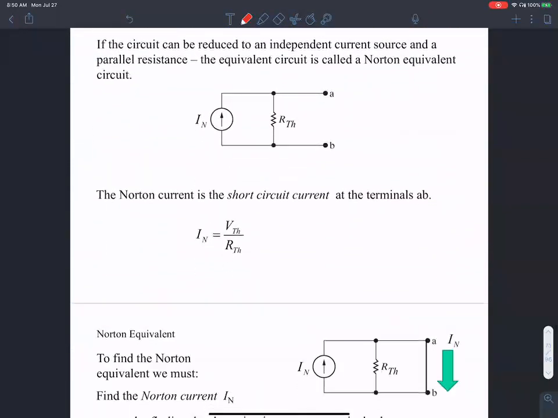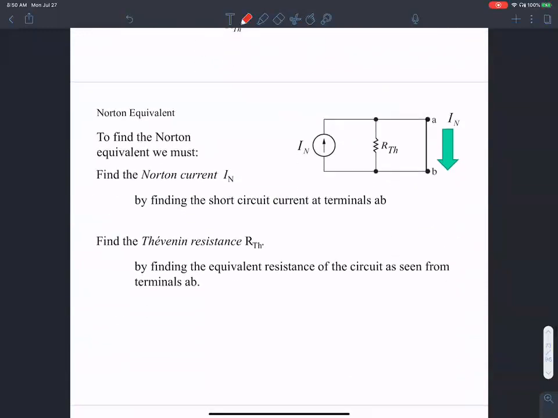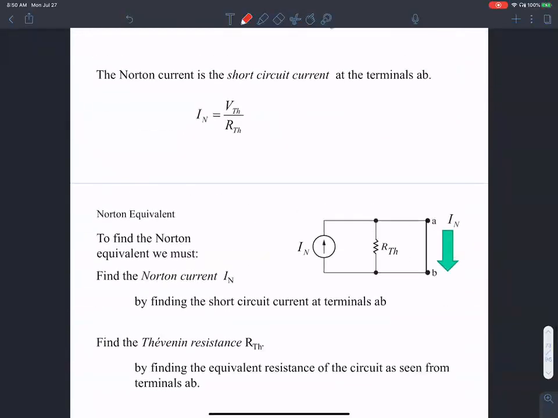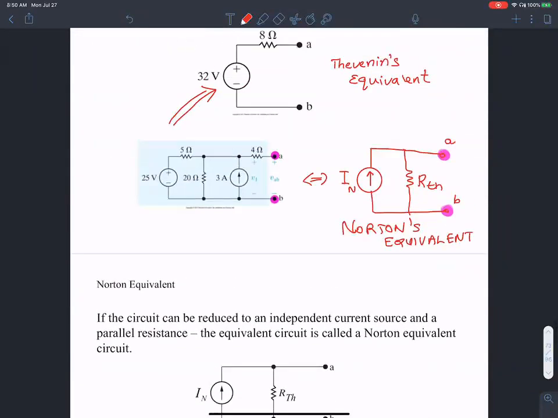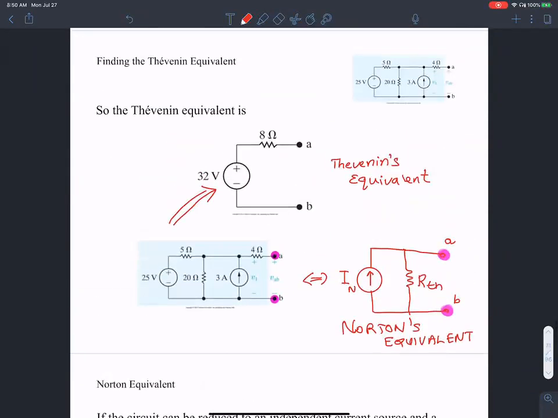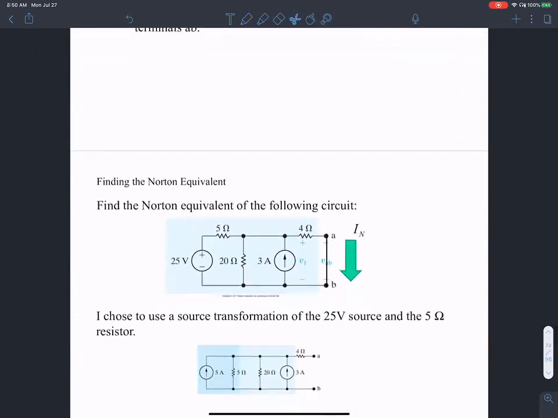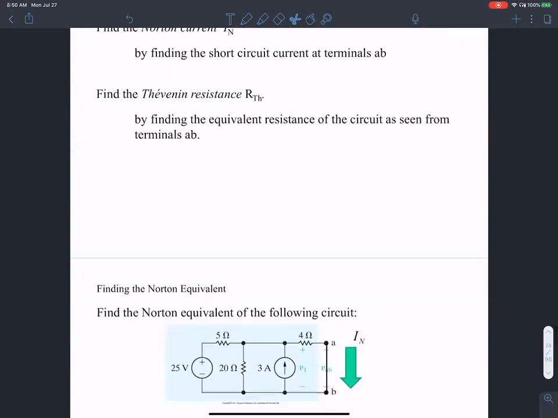And it's best if I illustrate this using an example problem. Let me copy this, the exact same problem, and solve it using Norton's equivalent.